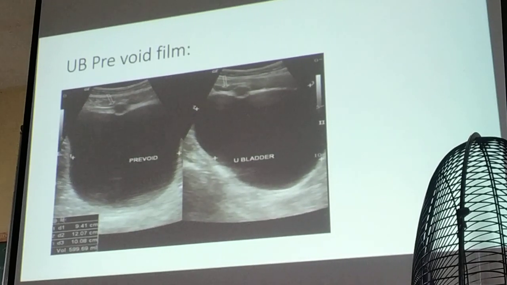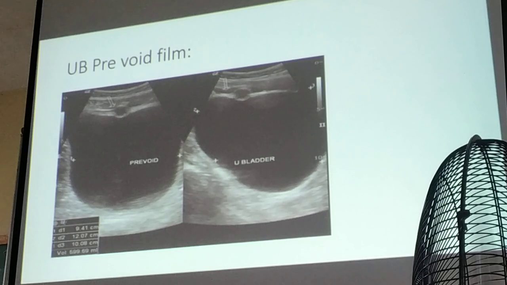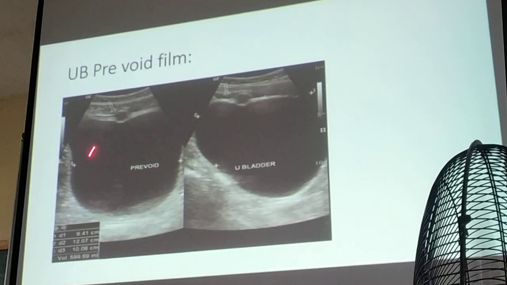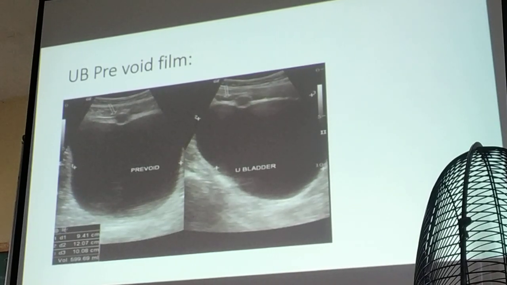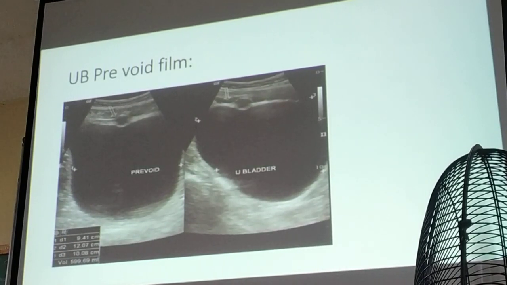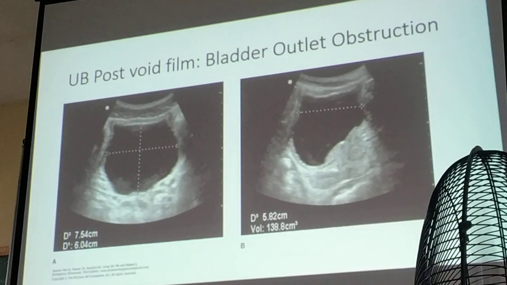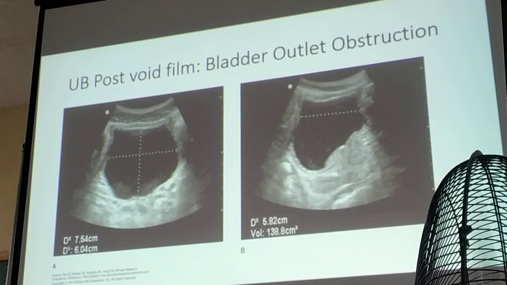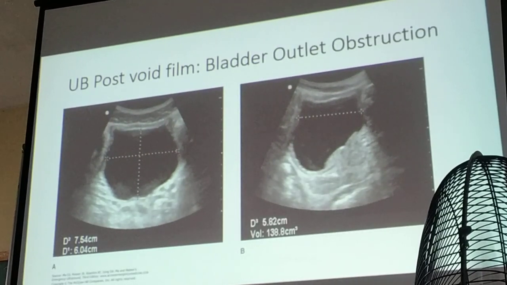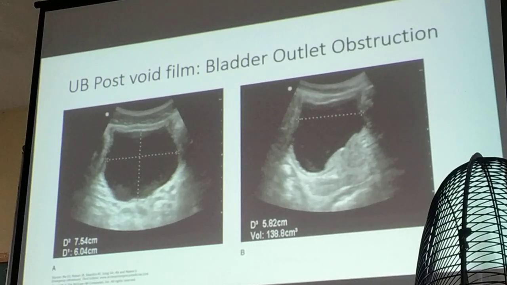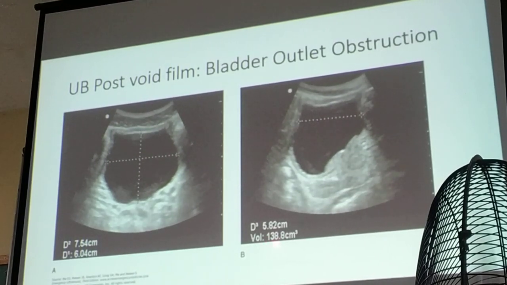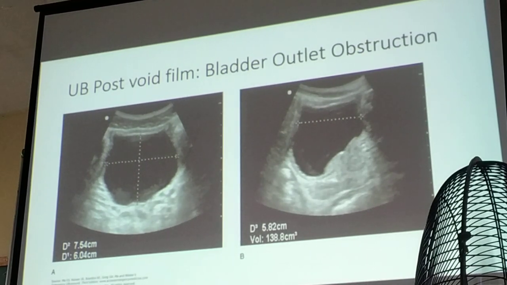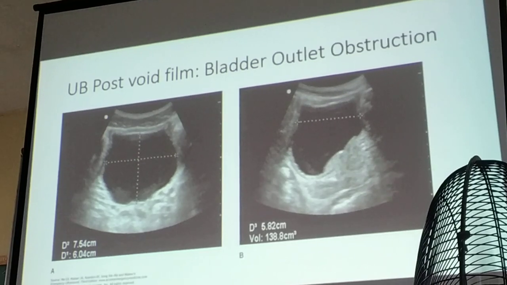Some urologists will ask for the pre-void and the post-void film. Okay, so this is a normal picture of your urinary bladder. Okay, then this one, if your urologist would ask for a post-void film, if the volume is more than 100, we usually sign it out as urinary bladder outlet obstruction.